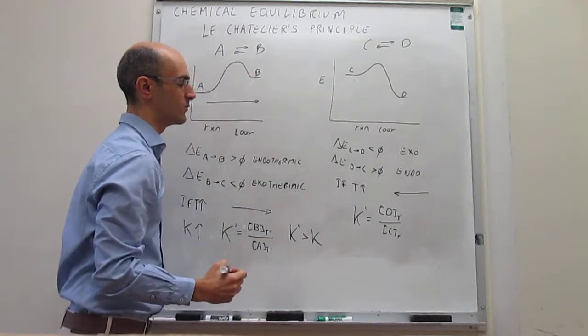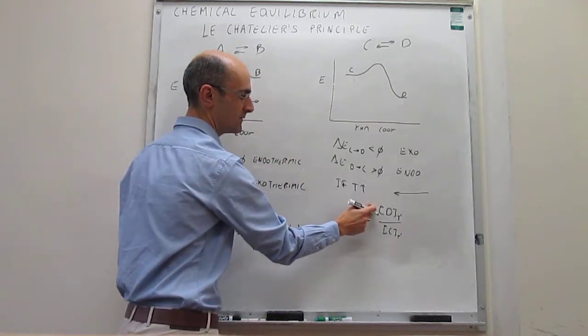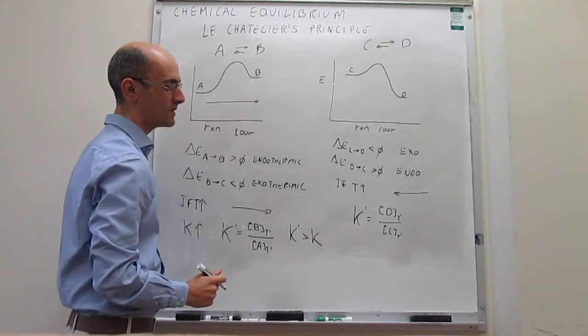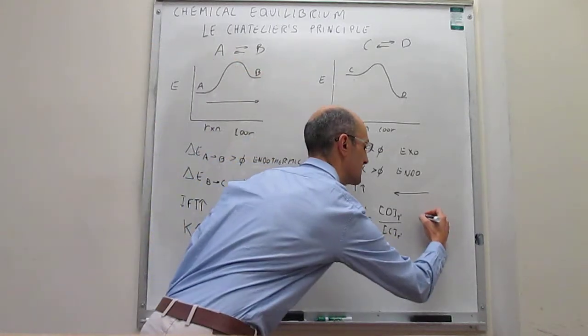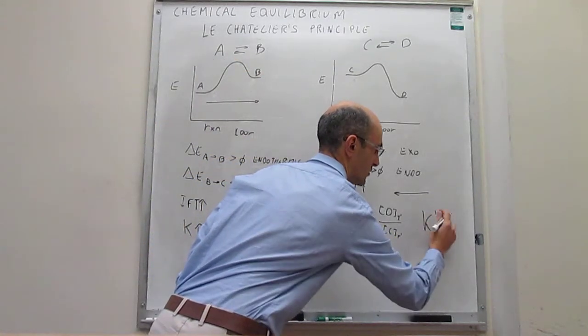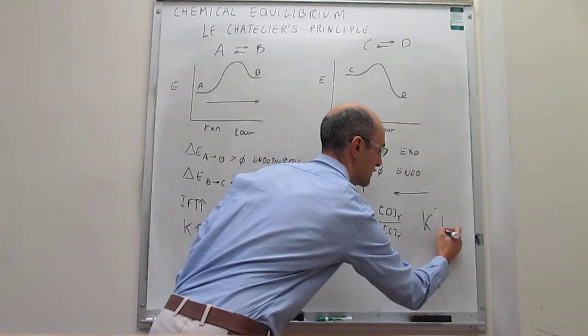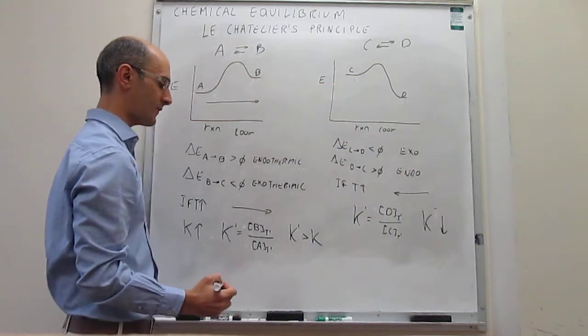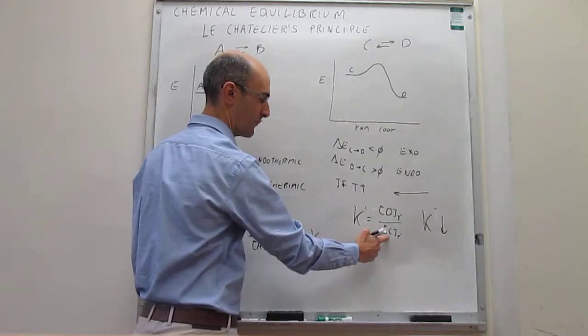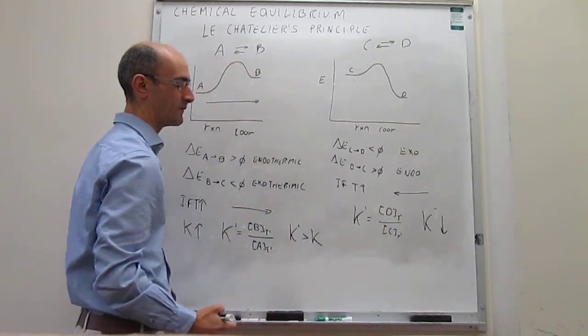The key here is to recognize that again we're reducing the amount of D and we're increasing the amount of C. So in this particular case, your K prime or your K decreases with temperature.